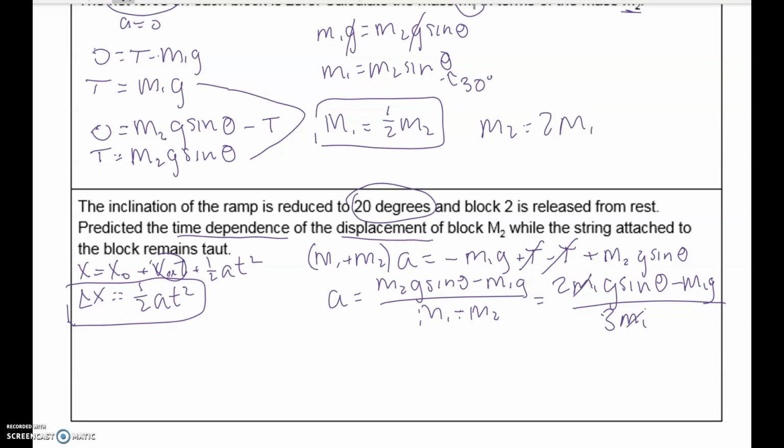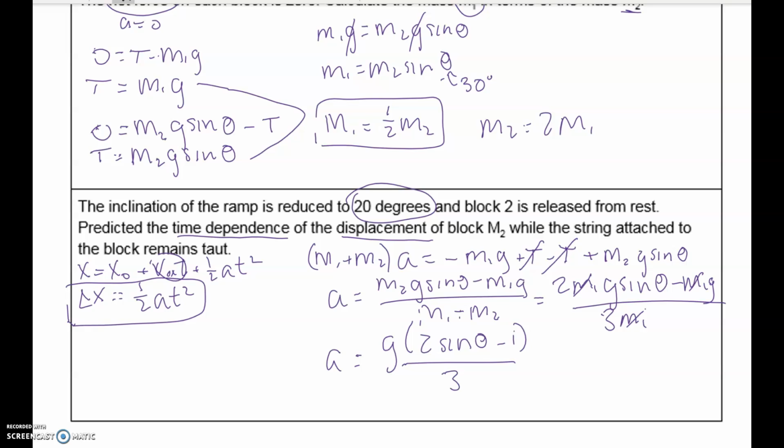So m1 cancels out since it's in every term. That's nice. So my acceleration simplifies to, I'm going to factor out g, g times 2 sine theta minus 1, divided by 3.